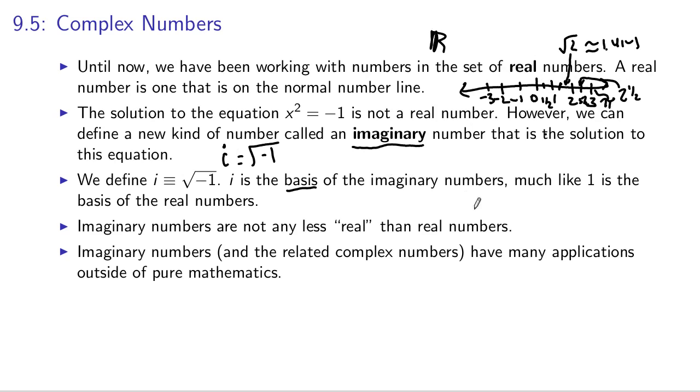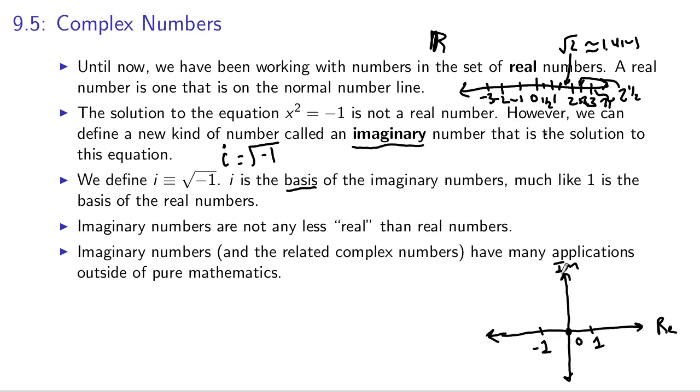Okay, so we could have a new number line that we invent, or not invent, we discover, I guess, that is perpendicular to our old number line. So if these are the real numbers, we can have an imaginary number line. And in our imaginary numbers, 0 is the same thing.